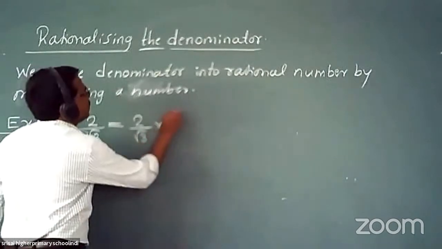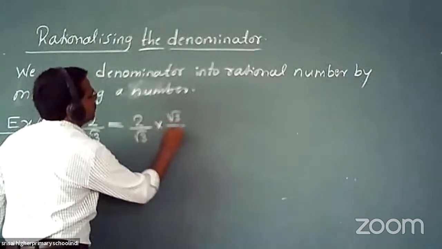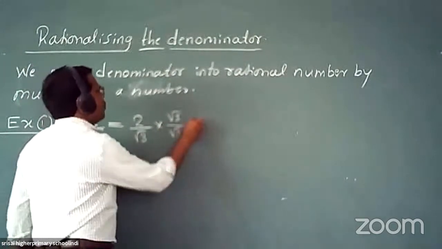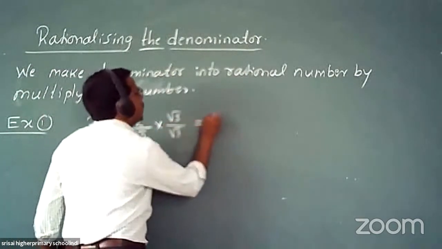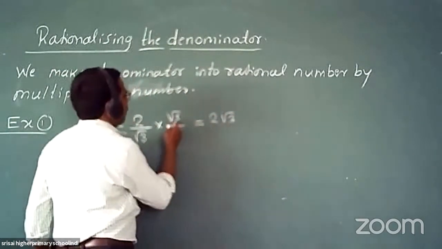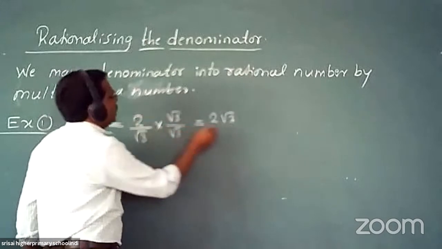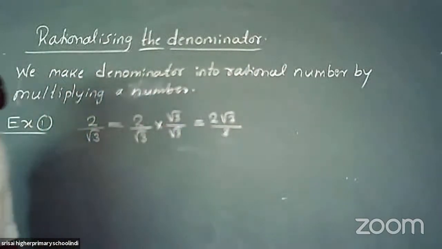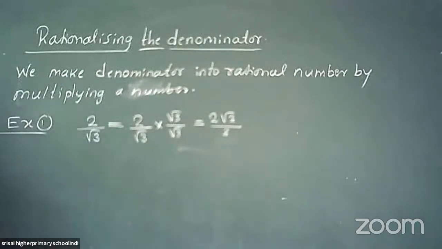So square root of 3 by square root of 3 I'll write. What happened now? 2 into square root of 3. Square root of 3 into square root of 3 is 3. Denominator became rational. Write this.